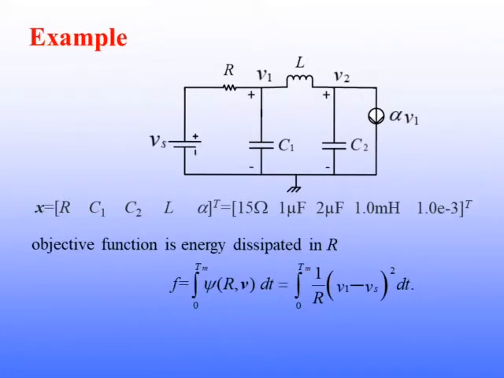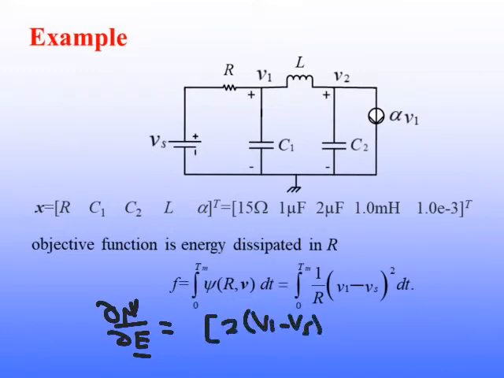Of course, one other thing I should mention: if you want to calculate the derivative of psi partial to the vector e, psi is only a function of V1, which is the first component. So this is going to give you 2 times (V1 minus Vs) divided by R, and there is no derivative relative to V2, because psi is not a function of V2.